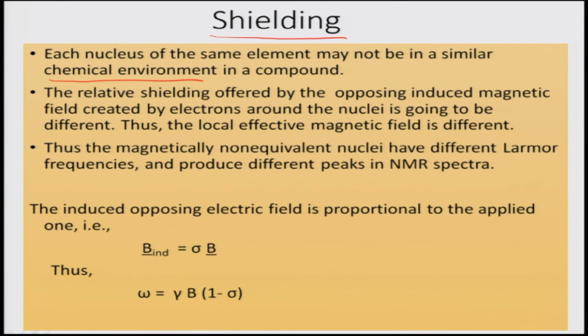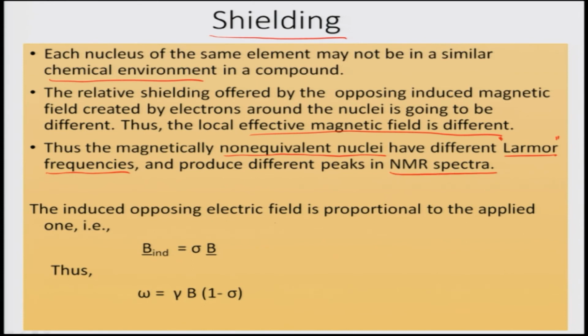The relative shielding offered by the opposing induced magnetic field created by electrons around the nuclei is going to be different. Thus, the local effect of the magnetic field is different. Thus, the magnetically non-equivalent nuclei have different Larmor frequencies, the other name for resonant frequency, attributed to the scientists who first noticed it, which produces different peaks in the NMR spectra.